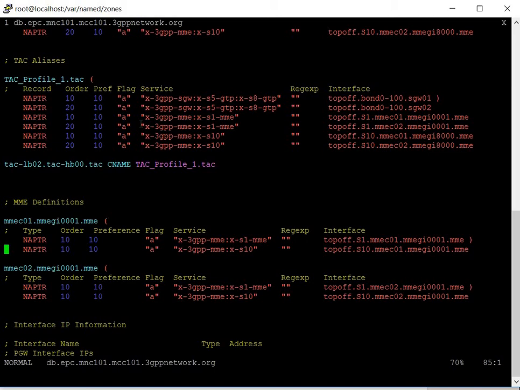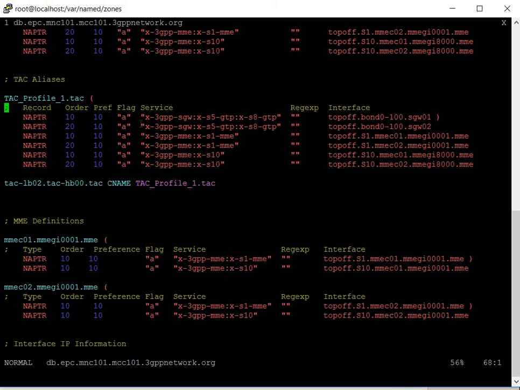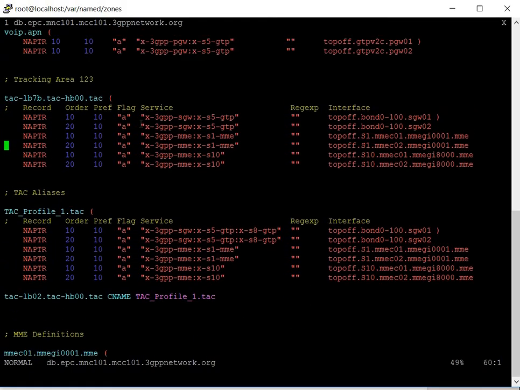And the reason is that depending on the call flow, there are times when you're asking what MMEs can do something for a tracking area. There are other times when you're asking what a particular MME that I know about can do. Different types of records. So this is an MME record to answer that second type of question. These records in this TAC profile or in this tracking area definition answer the first type of question. If I know the tracking area and I want to know information about the MME that can serve it.